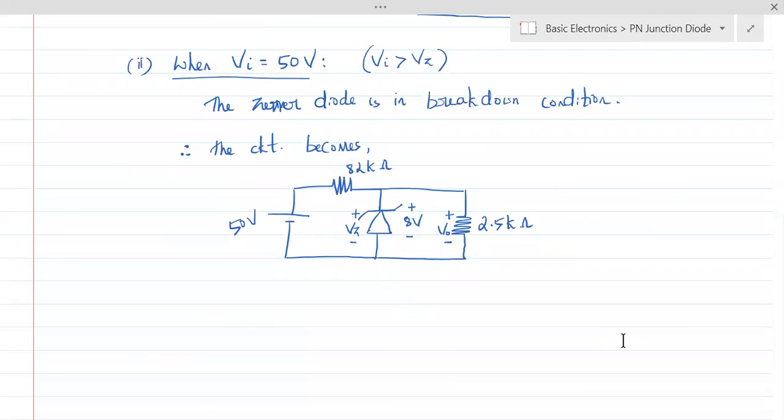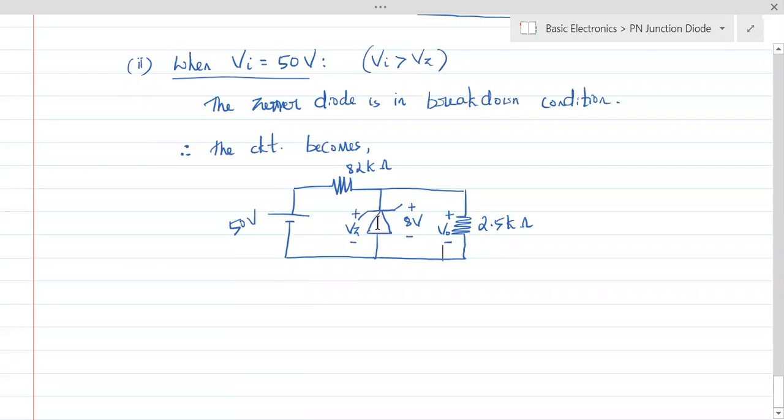Sir, yeah, go on. Vz and V naught are parallel to each other. Exactly. That's a good answer. See here, here you have 2.5 kilo ohm. That's the load connected, and load is in parallel with the Zener diode. And across the Zener diode, Vz is falling.